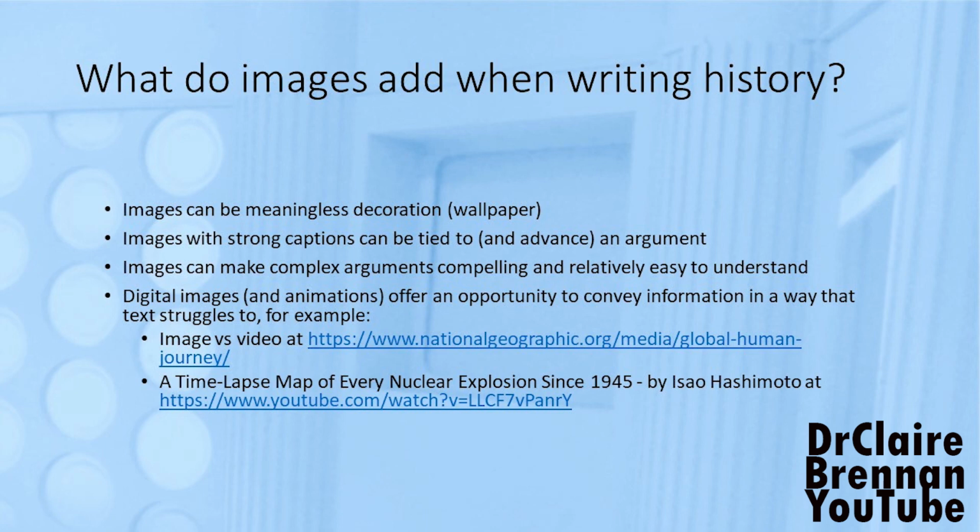Similarly, that second example, watching the plethora of nuclear explosions, seeing how different nations are setting off nuclear bombs in response to each other. It's quite different from seeing a still map of all the nuclear explosions that have occurred.